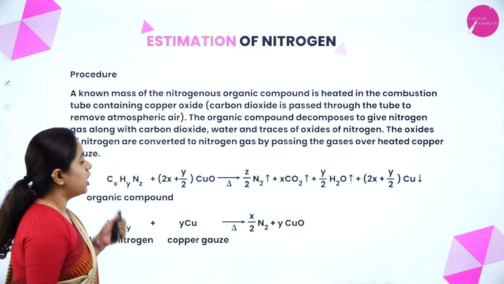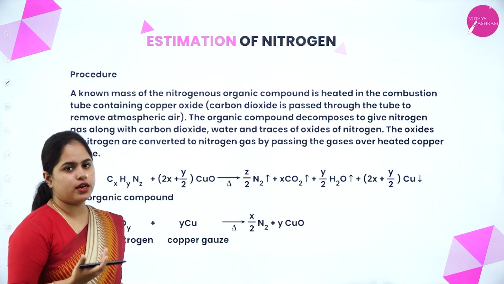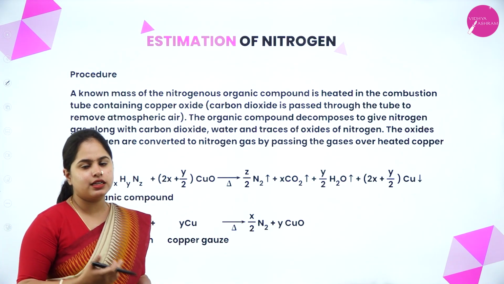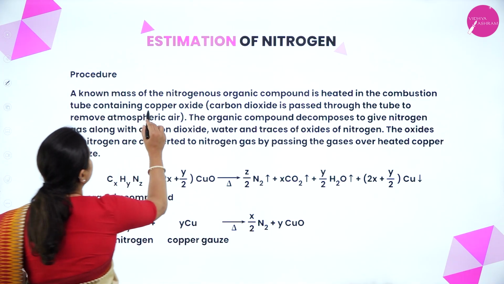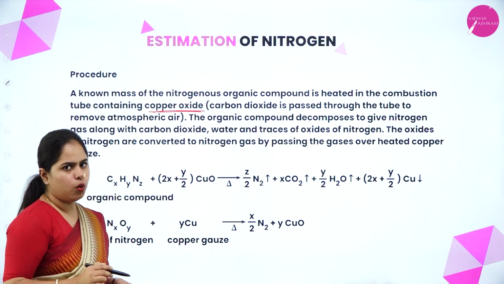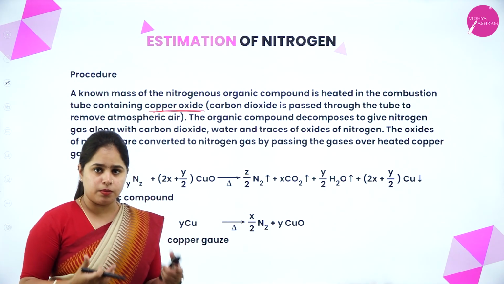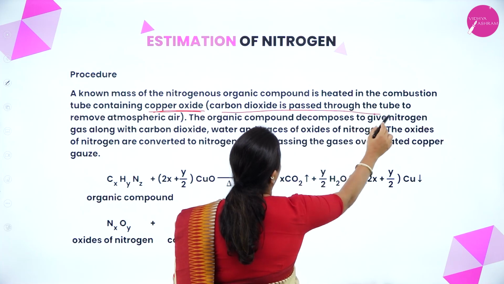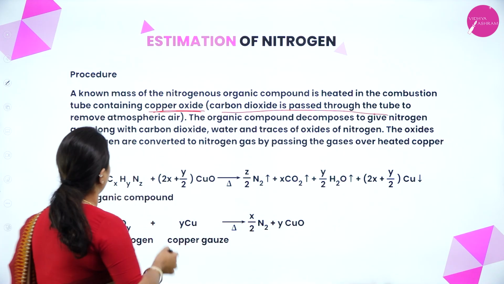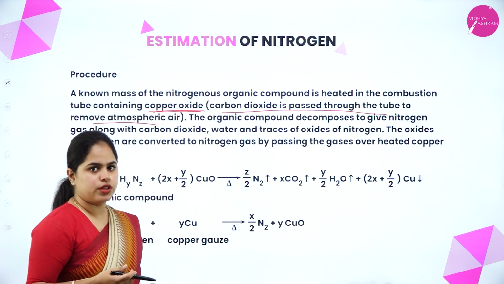As said, a known mass of the organic compound containing nitrogen is taken and heated in the combustion tube containing copper oxide, in the presence of a carbon dioxide atmosphere. That means carbon dioxide is passed through the tube.